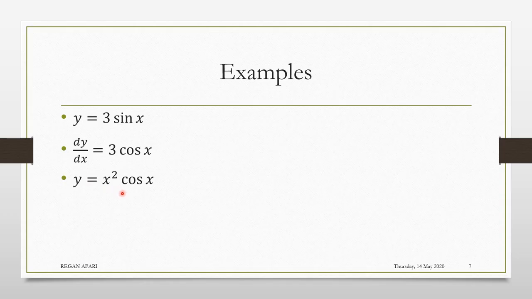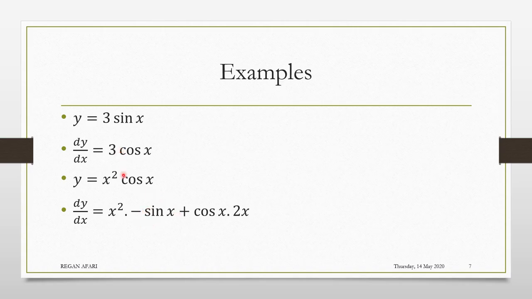Another one. This is a product, so we use the product rule. We have a function x squared being multiplied by another function cos x. We keep this and differentiate that, plus we keep the cosine and differentiate the x squared. So we keep x squared and differentiate cosine, which gives negative sine.